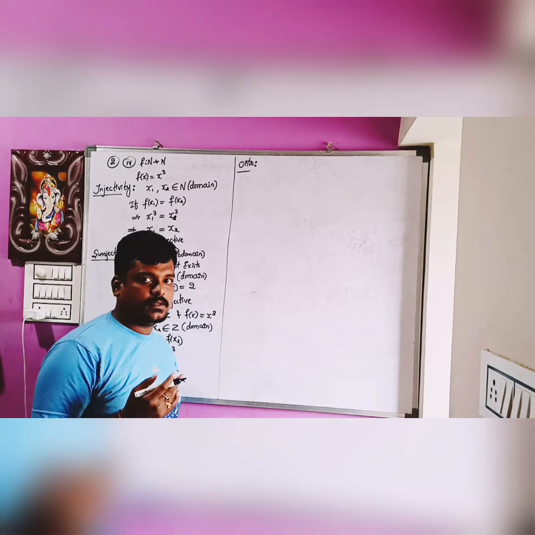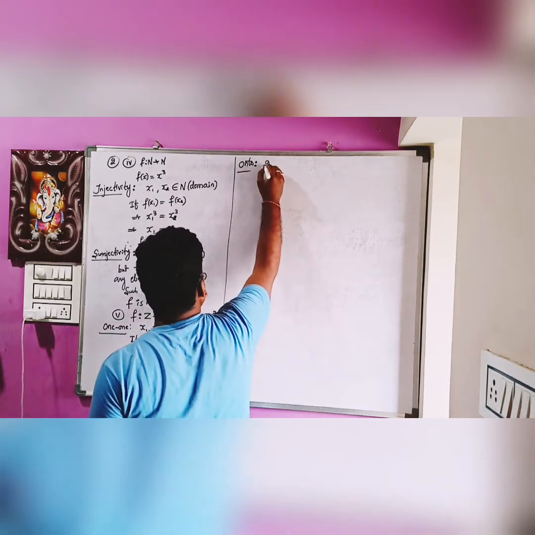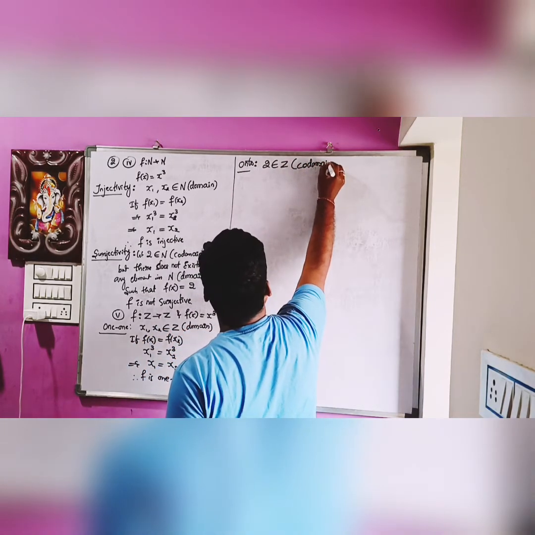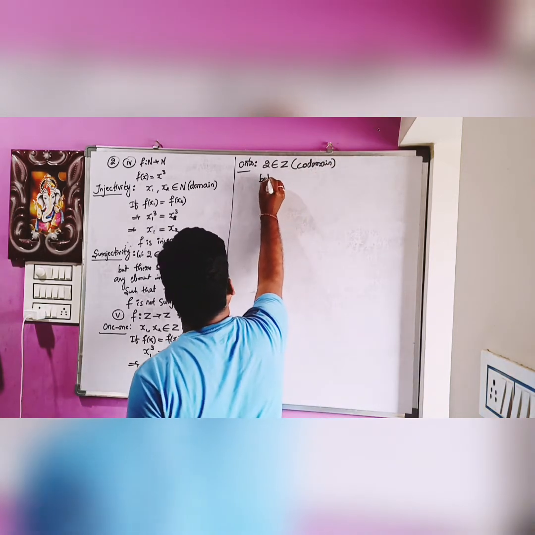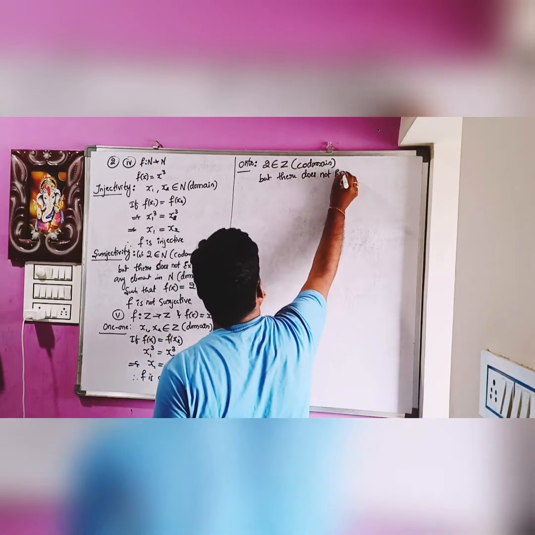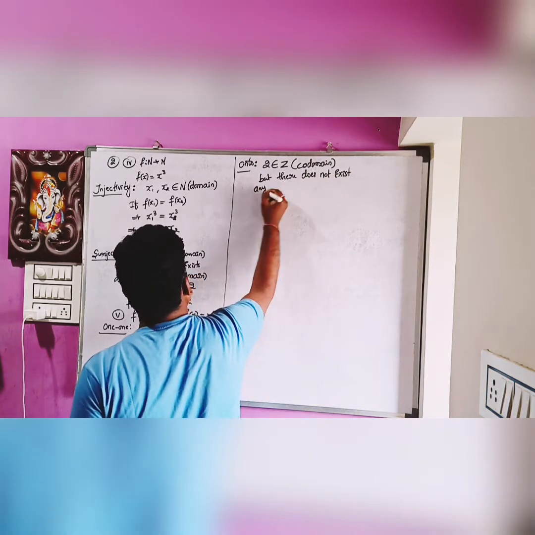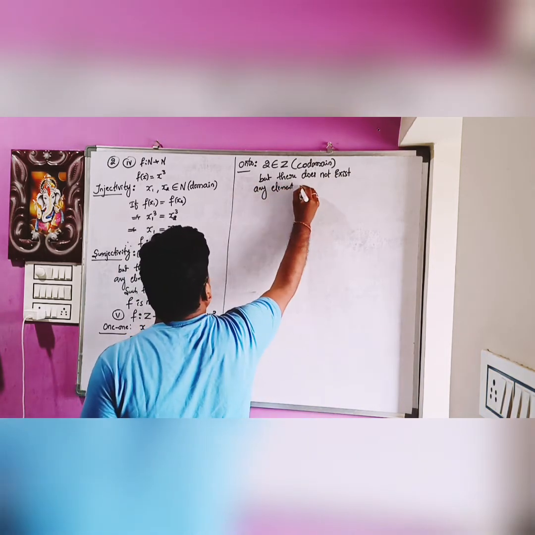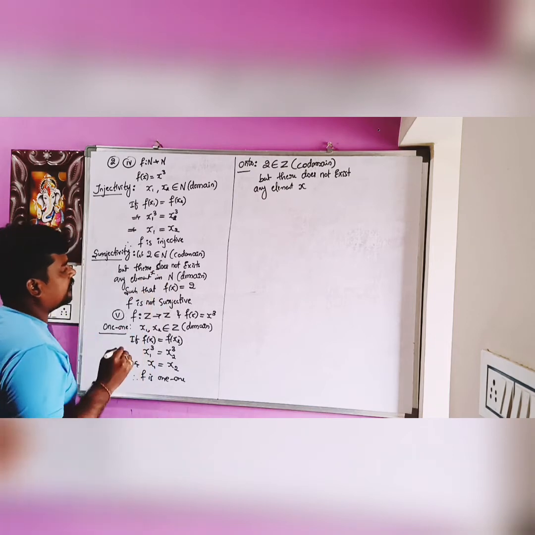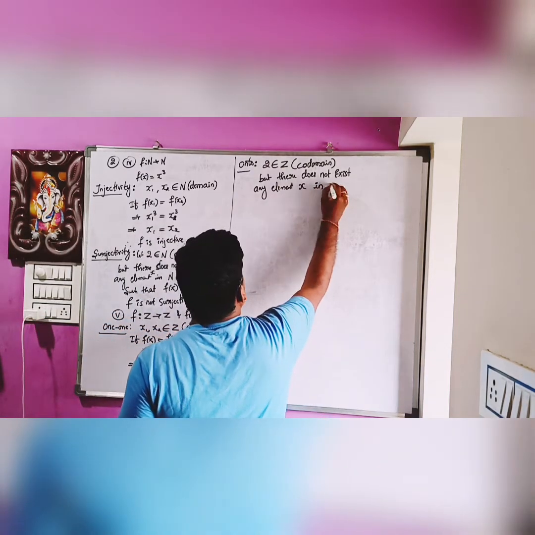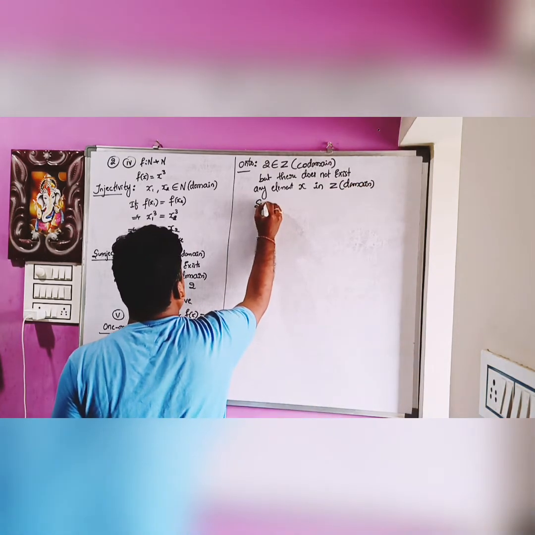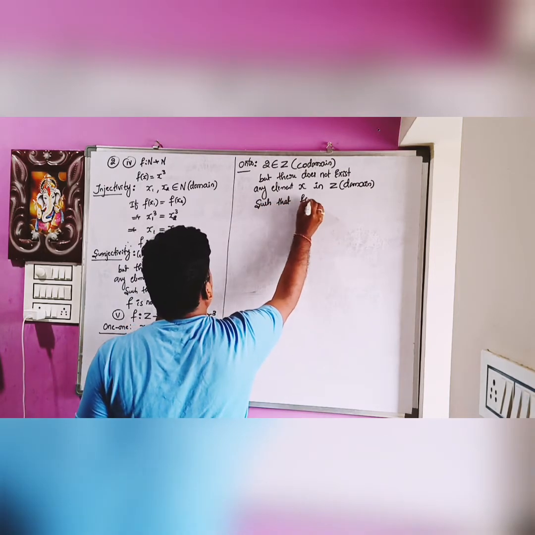I take the same example to remember things easily. 2 is in the codomain, but there does not exist any element x in the domain Z such that f of x is equal to 2.